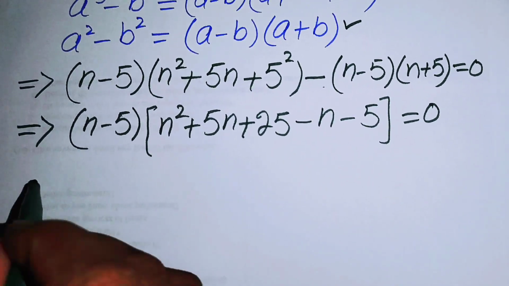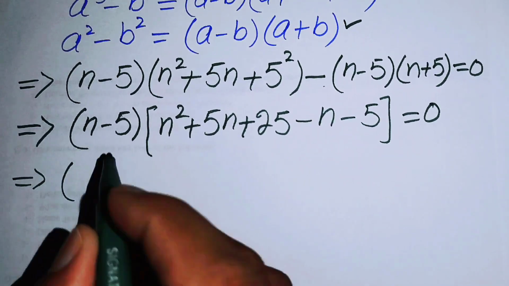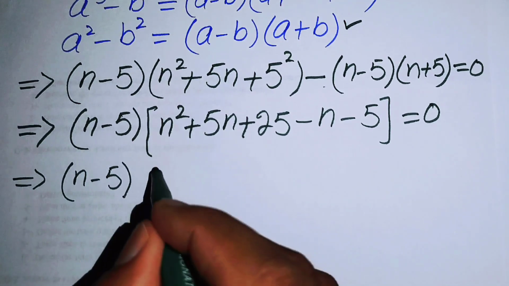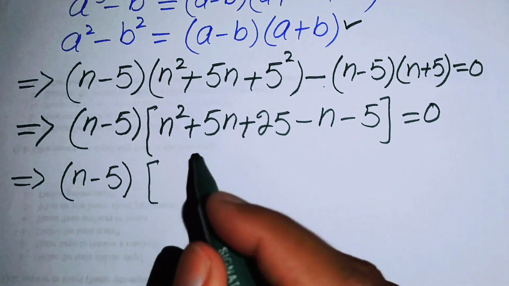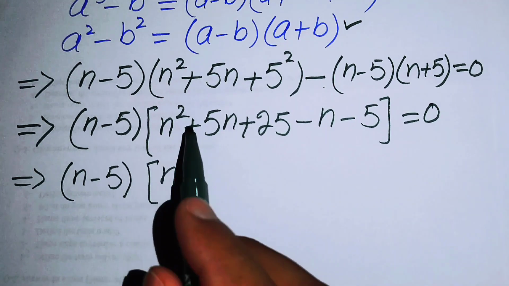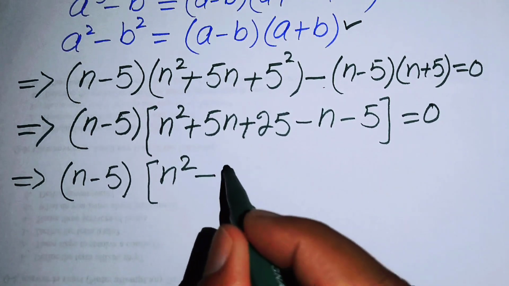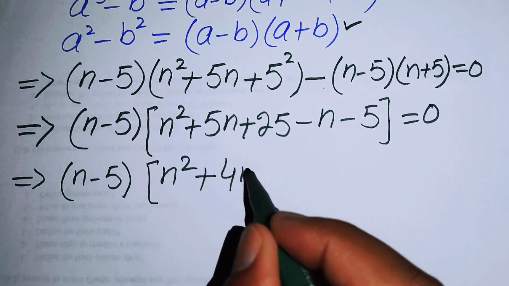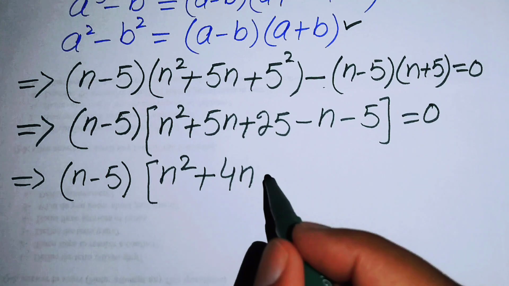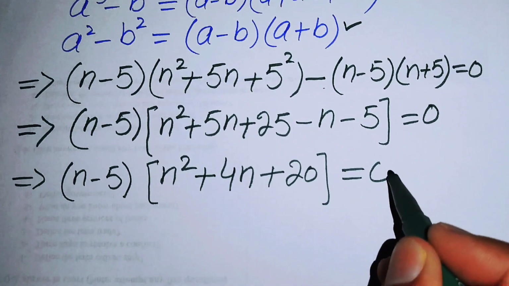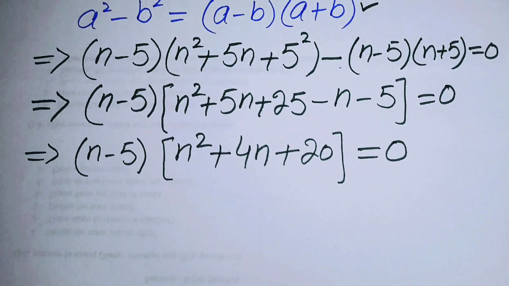Now we need some simplification in this step. We get n squared, and 5n minus n equals plus 4n, and 25 minus 5 equals plus 20, and the whole thing equals 0.